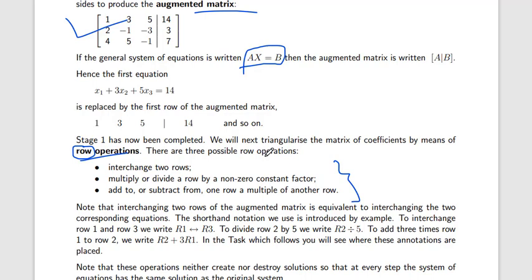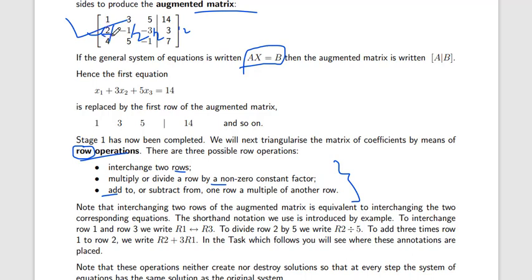So try to remember it: we have to change only rows. We can interchange two rows, multiply or divide a row by non-zero constants as well. So if you want to multiply this equation by 2, we can do that.